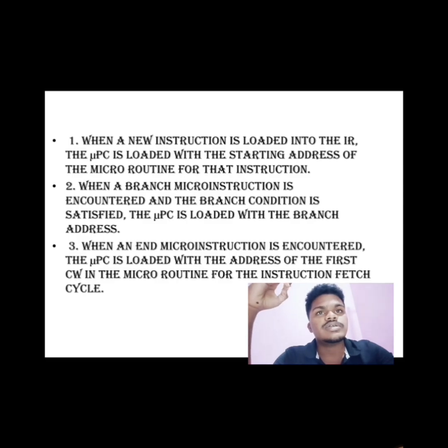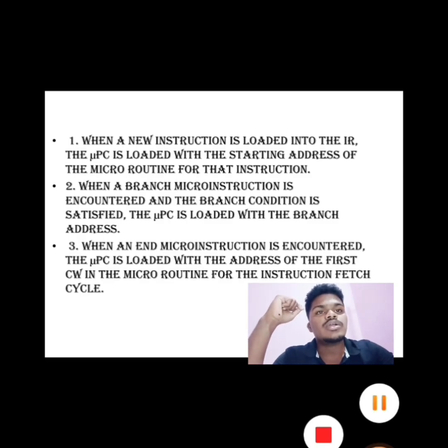The second situation is when a branch instruction is encountered and the branch condition is satisfied, the microprogram control is loaded with the branch address. The third situation is when an end micro instruction is encountered, the microprogram control is loaded with the address of the first control word, that is CW, in the micro routine for the instruction fetch cycle. These are the 3 situations.